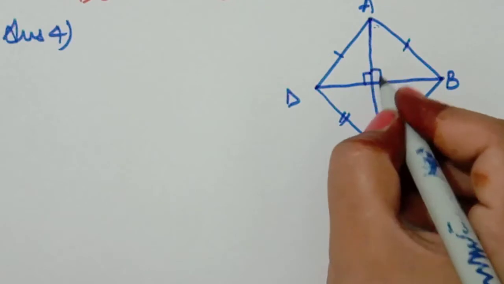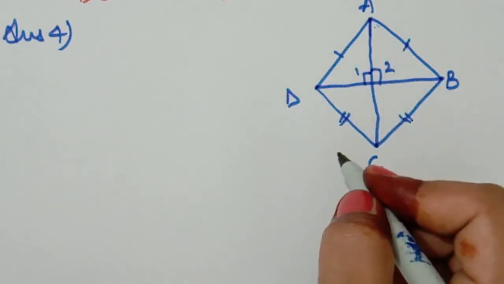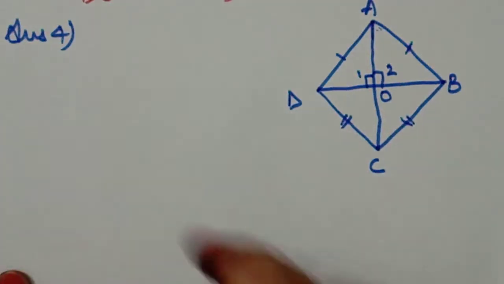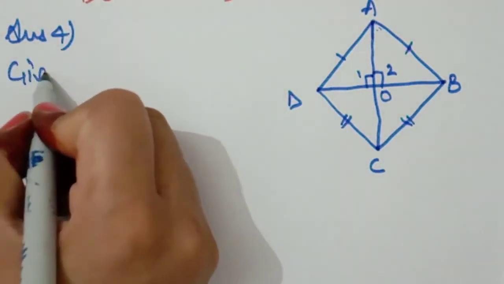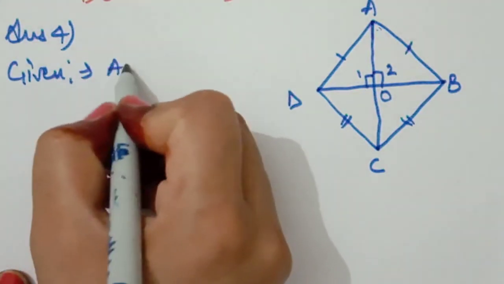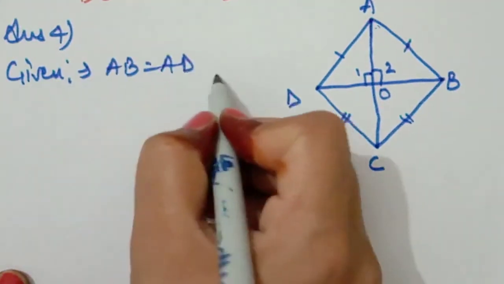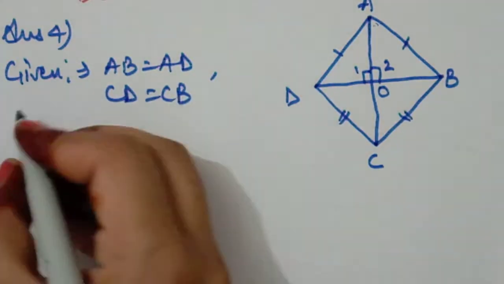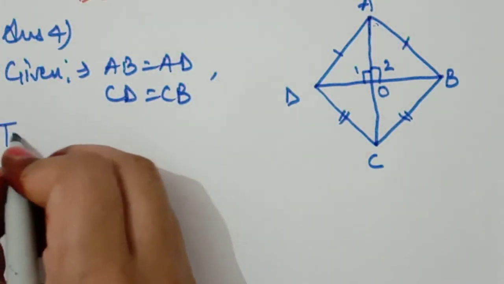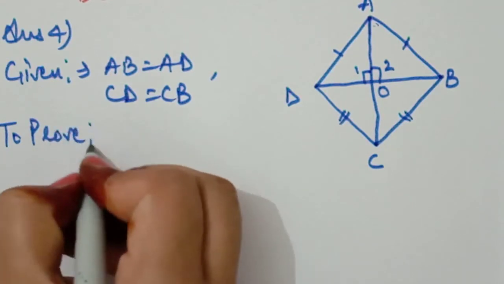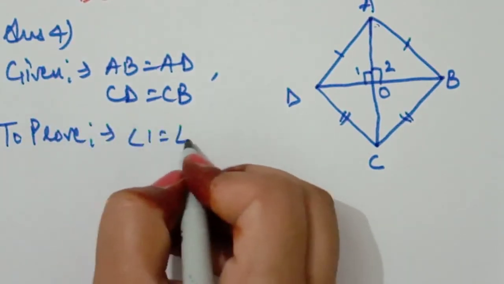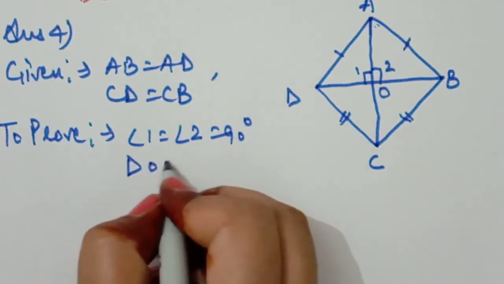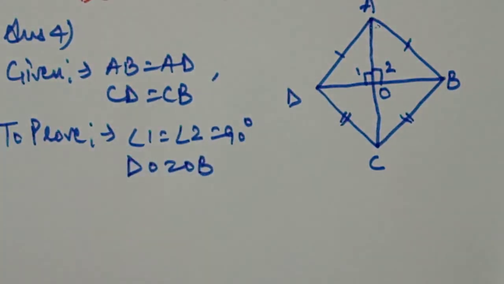It means we have to prove that angle 1 and angle 2 are 90 degrees and BO and OD are also equal to each other. What is given to us? AB is equal to AD, CD is equal to CB, and we have to prove that angle 1 and angle 2 are 90 degrees and DO is equal to OB.